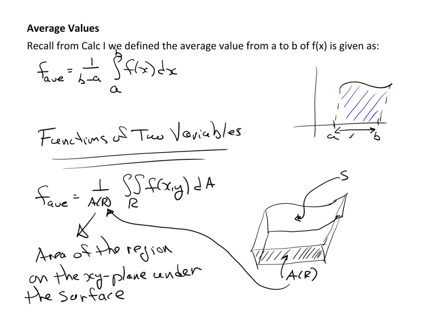Now, I just said volume, but the same idea holds true even if we can't interpret this as a volume. Because remember, to interpret this as a volume, this surface S really needs to be above the xy plane. But I can still do these integrals and find the average even if my surface dips below the xy plane. We lose that interpretation in terms of volume, but the mathematics is still the same.